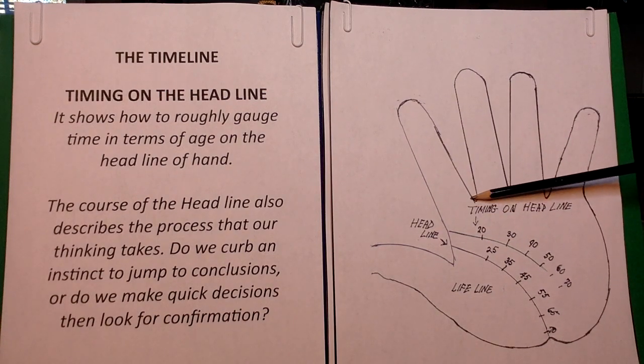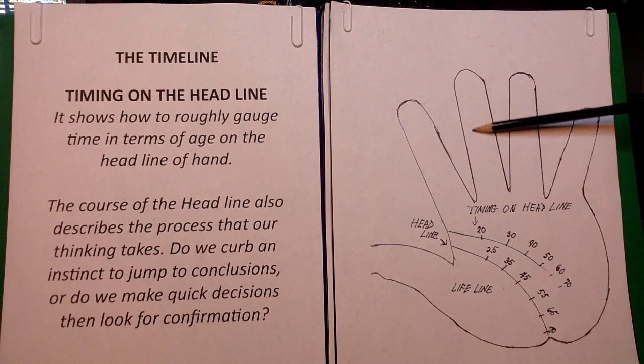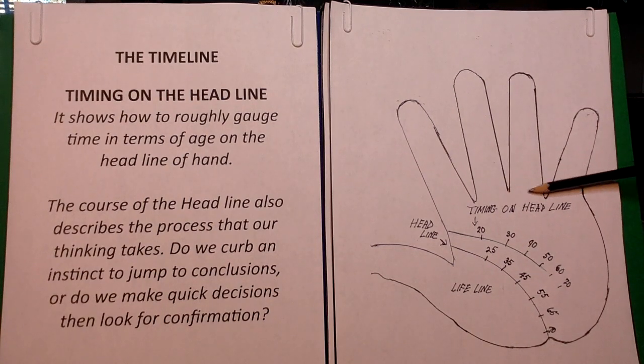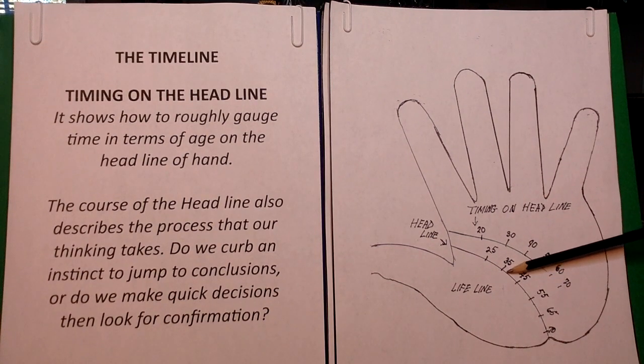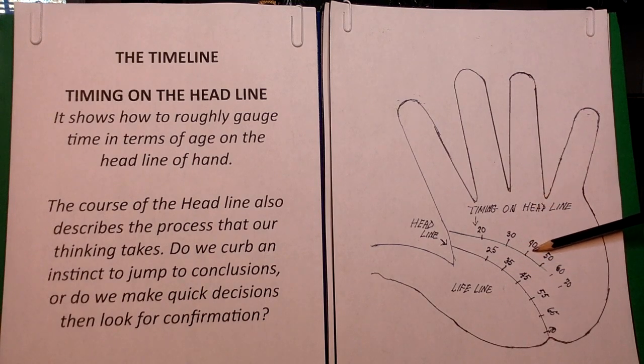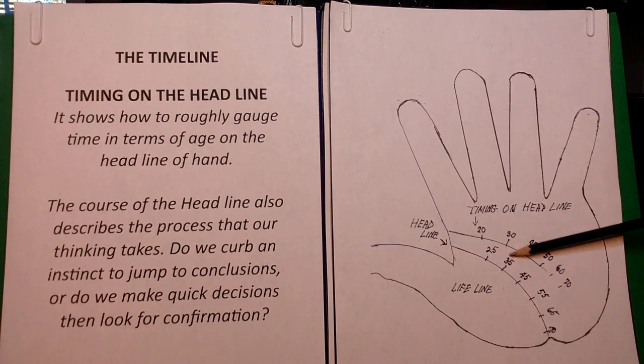That would be between the index and the middle finger. 25 would be here in the middle, in the center of this finger. 30 would be between these two fingers. 35 would be here. And if we go on, it's 40, 50, 60, 70. Okay? So that's what it looks like with the more commonly used method.